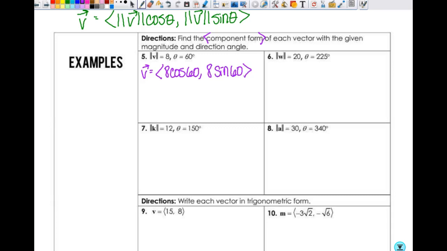What is 60 in radians? Pi thirds, right? So what's the cosine of pi thirds? 1/2. So this is 8 times 1/2, and then 8 times what? Square root of 3 over 2. That means your vector v is equal to 4 square root of 3.